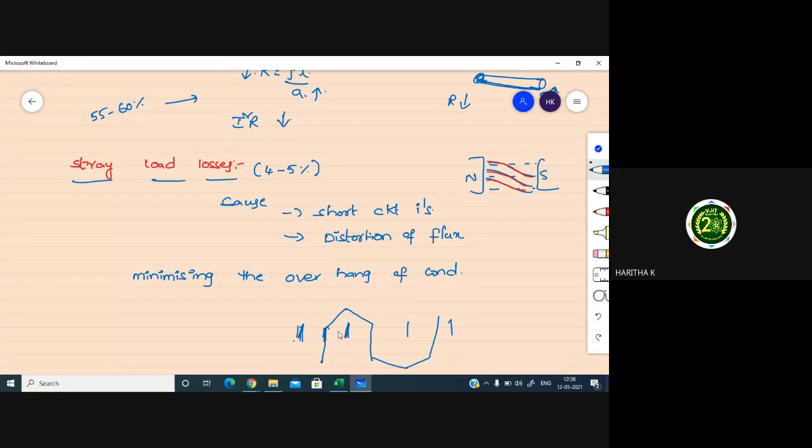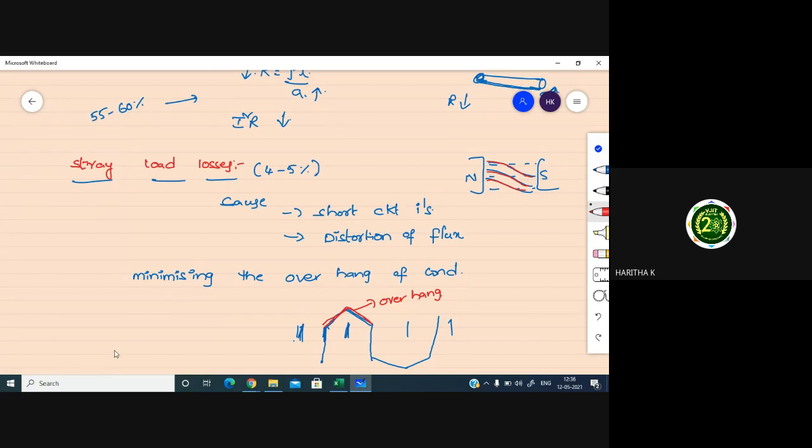This is the active length of the conductor, which actually participates in the electromechanical conversion. See this part, this is called the overhang. This is not actually in the slot, it is outside of the slot. This part is called the overhang. It is not used. So by minimizing the overhang of this conductor, we can reduce the stray load losses.